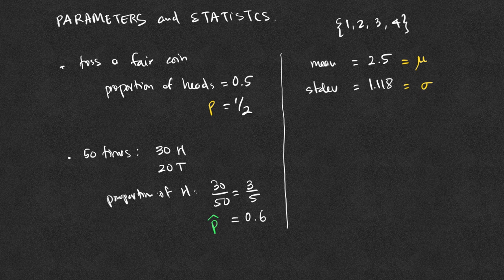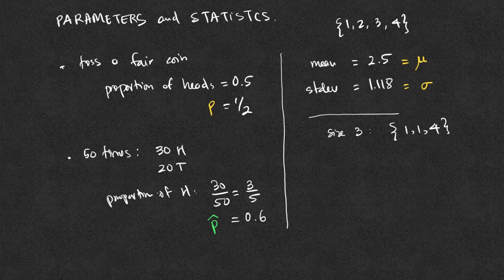Suppose now we get a sample from these 4 numbers and we want a sample of size 3 only. Suppose we get 1, 1, 4. Repetition is allowed here, meaning this is done with replacement. We took 1 and then we put 1 back. Then the second time, it so happened that we picked 1 again. And then the third time, we picked the number 4.